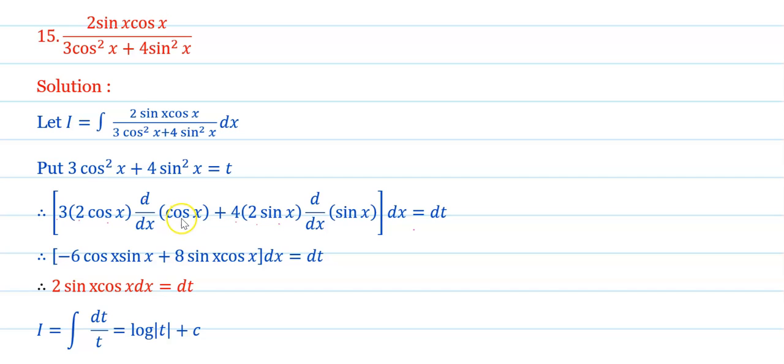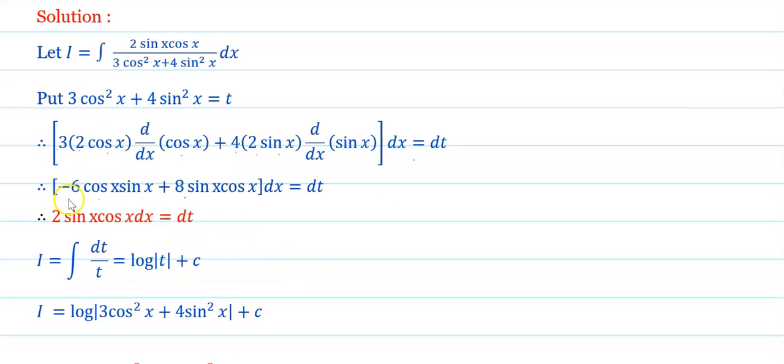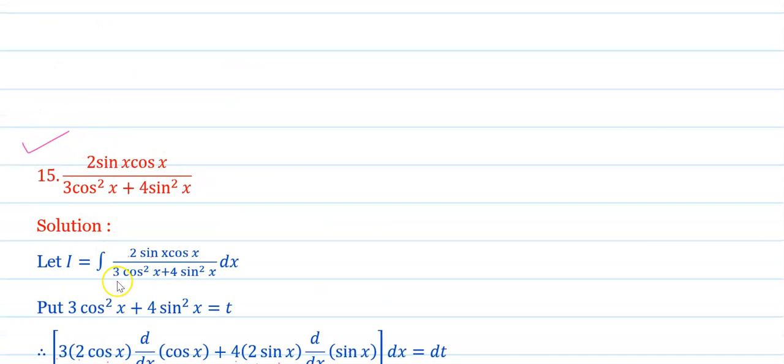Now the derivative of cos x is minus sin x, and the cos x. 3 into 2, you will get minus 6 sin x into cos x plus 4 into 2, 8 sin x as it is. Derivative of sin x is cos x. Bracket complete into dx. आता इथे बघा minus 6 plus 8. Then you will get 2 sin x into cos x into dx is equals to dt. इथे बघा 2 sin x into cos x into dx is equals to dt.